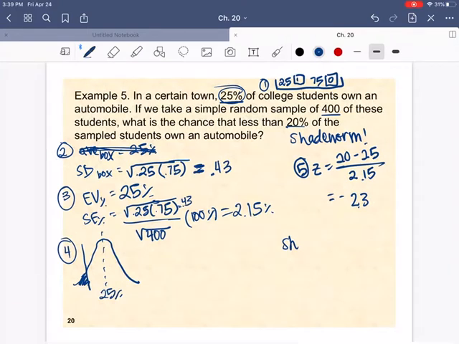So we're going to do shade norm, negative 10 to negative 2.301. Remember, to get to shade norm, you do second vars, arrow over to draw, and then type in your numbers.